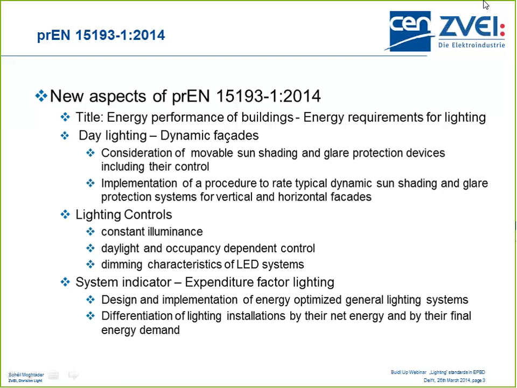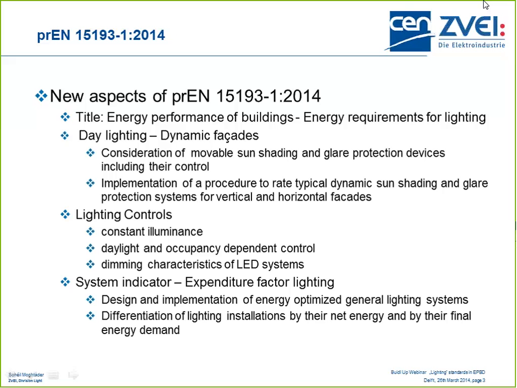So there we have to take into account the dimming characteristics of LED systems, and this is also part of this document, which is now under preparation. Next thing is also taking into account the system indicator. This means that we have to design and implement an energy-optimized general lighting system, taking also the final net energy and energy demand into account.